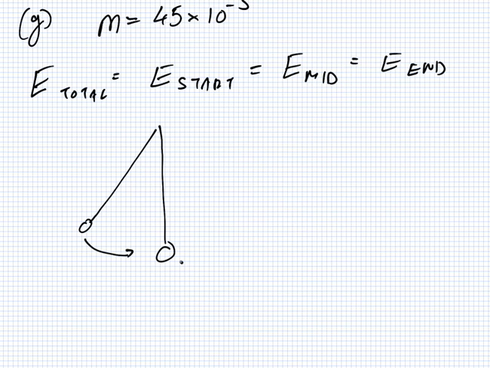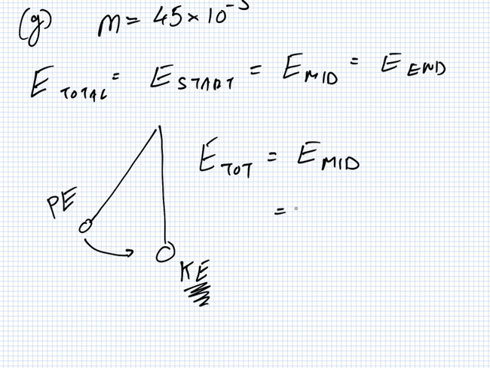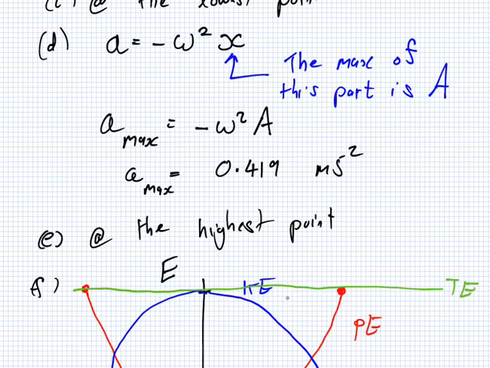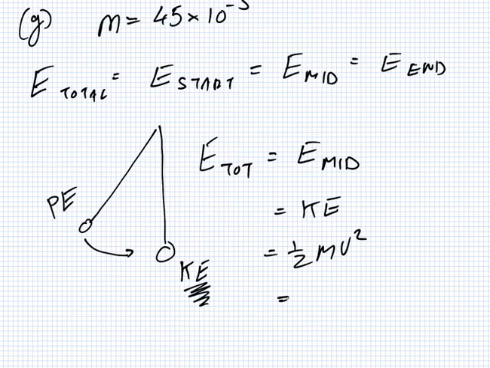So in G, I give you the mass, and I want to know how much energy it has. So here, the total energy could equal the energy at the start, or the energy at the middle, or the energy at the end.